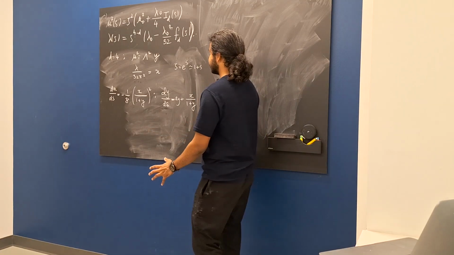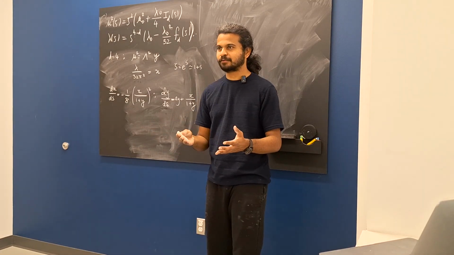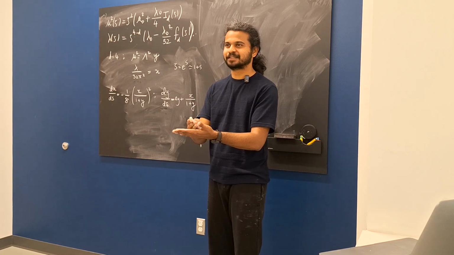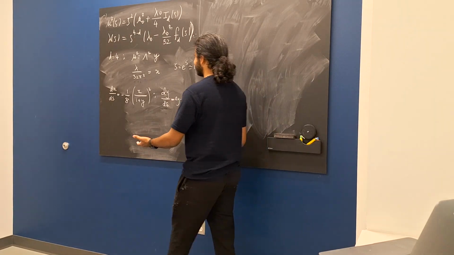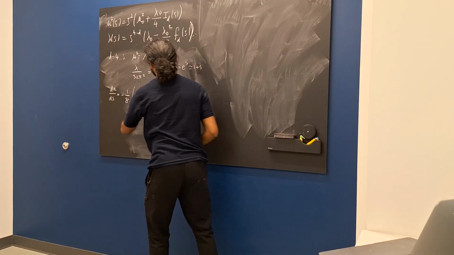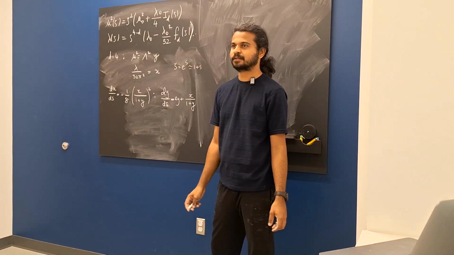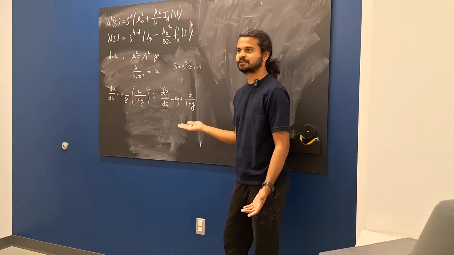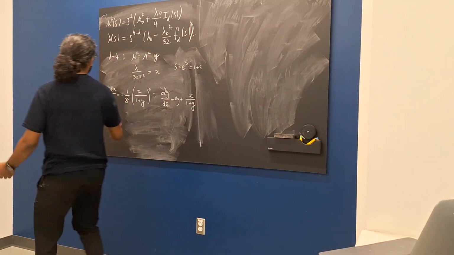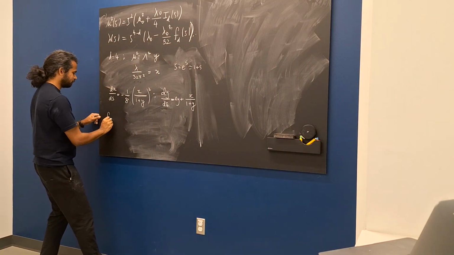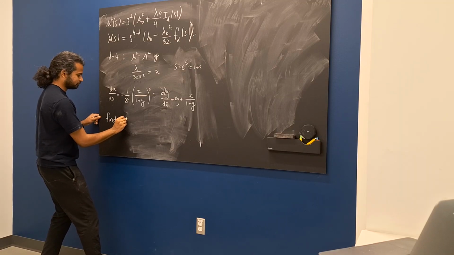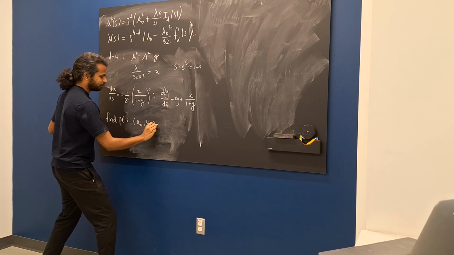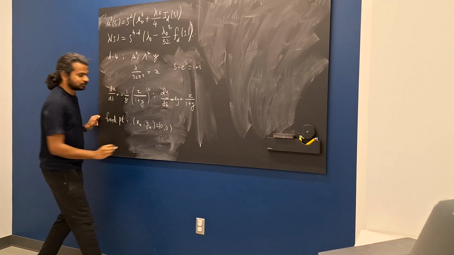Meaning, at the critical point, the flow should be static. How do you find if the flow is static? If the rate of change is 0, right? So at what x, y? Fixed point. Exactly. And that's the only fixed point for this system.